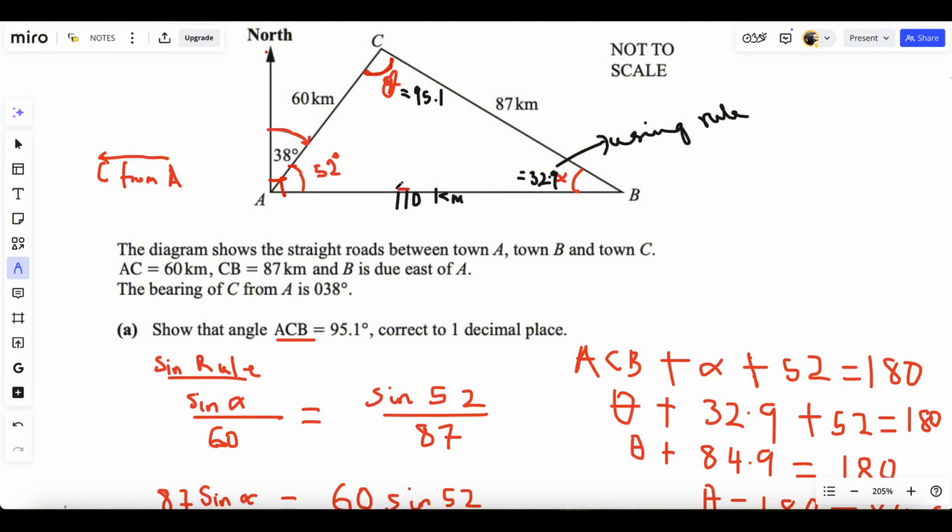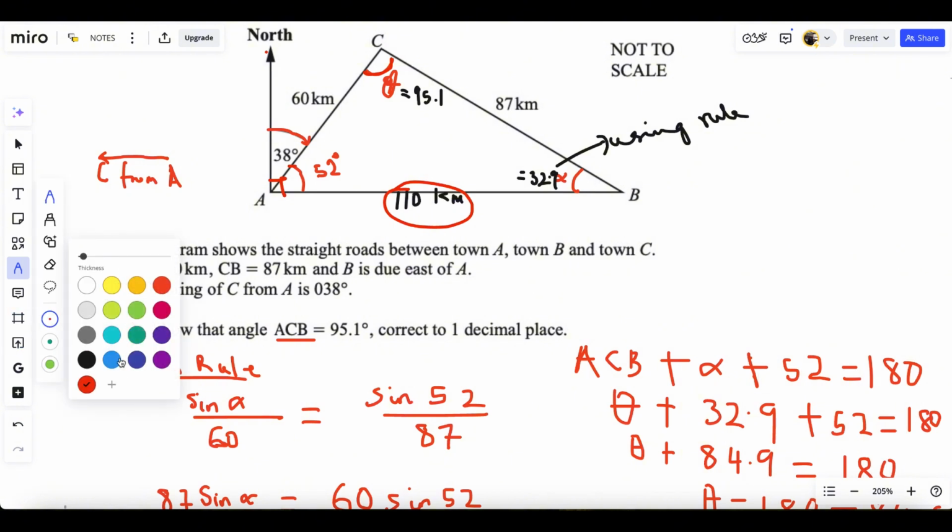At first, you could calculate this using the cosine rule. Alternatively, you can find this angle using the sine rule, so we use the sine rule to achieve that.